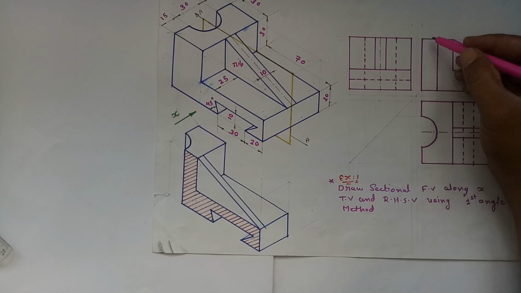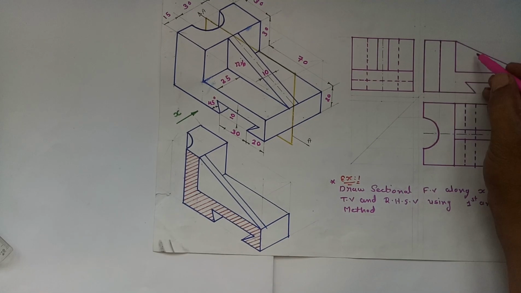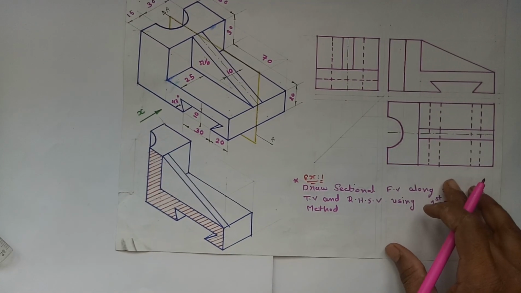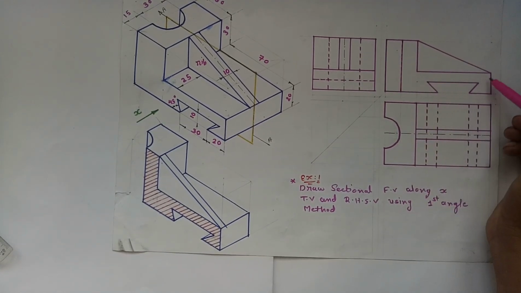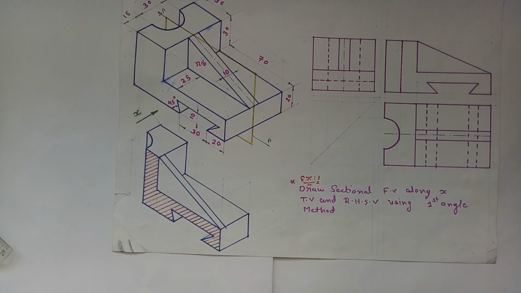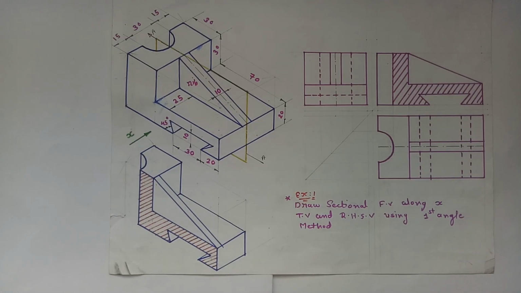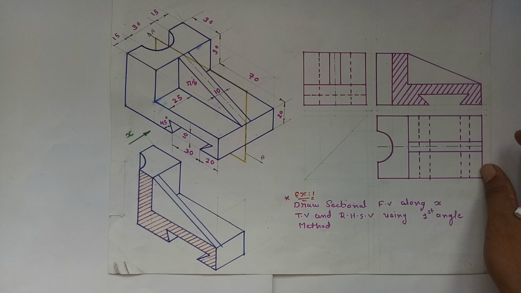So here we are not going to show the hatching lines, and in this part also, because this is part of the rib. So we show the hatching lines over here, inclined at an angle of 45 degrees. Now we can see that we have generated the section in the front view by making minor changes in the front view of the object.